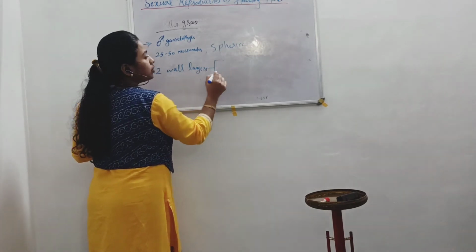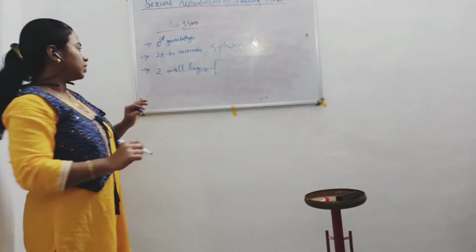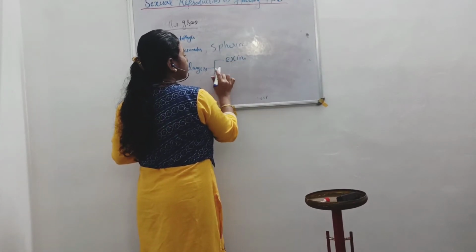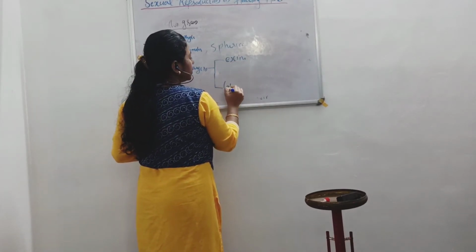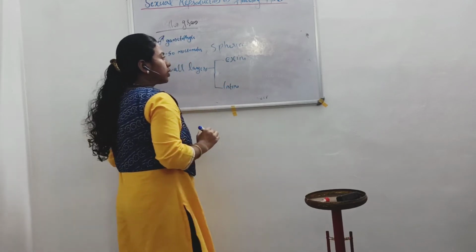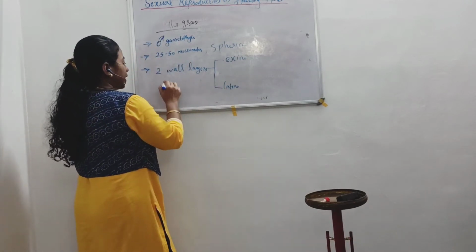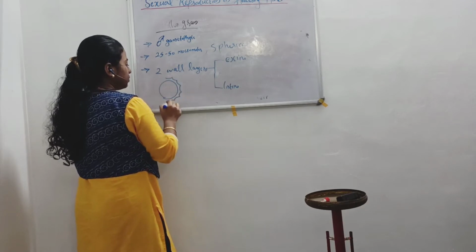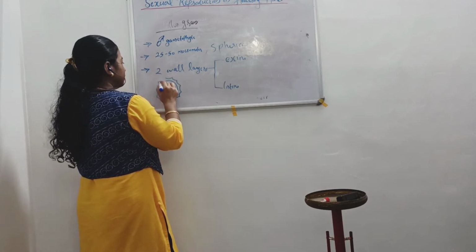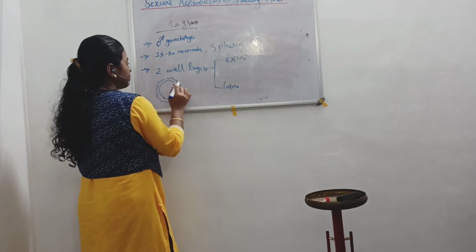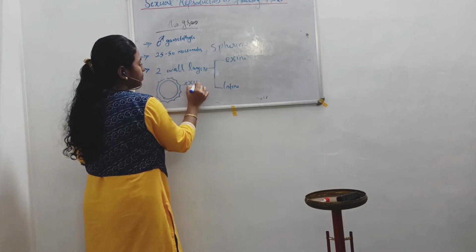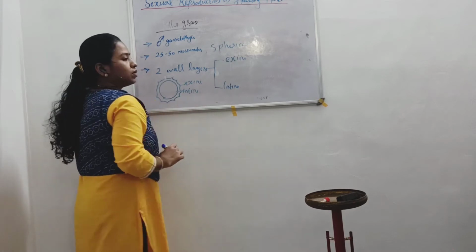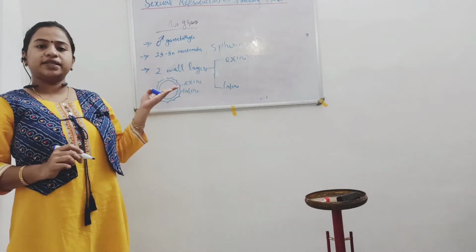The outermost layer is called the exine and the inner wall layer is called the intine.